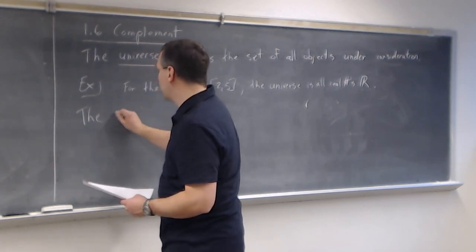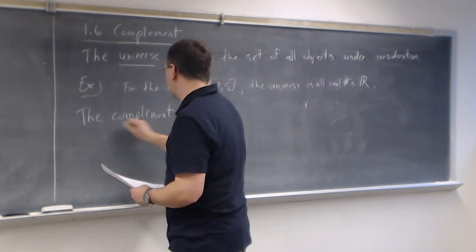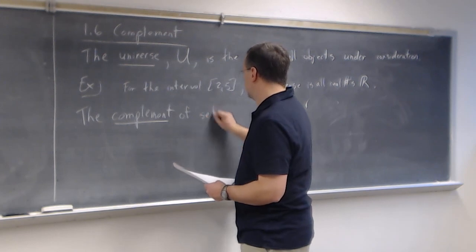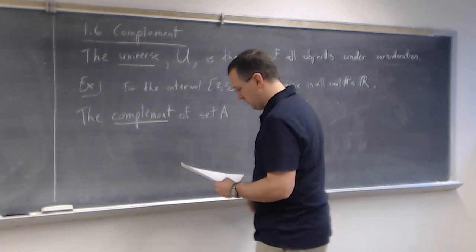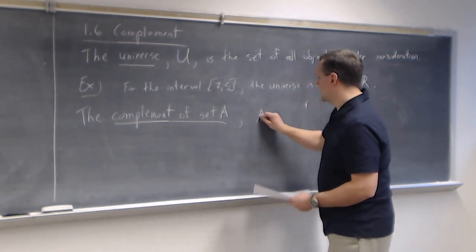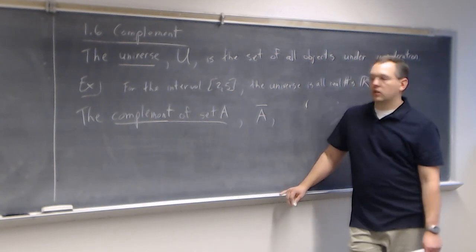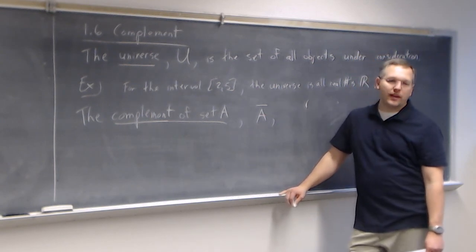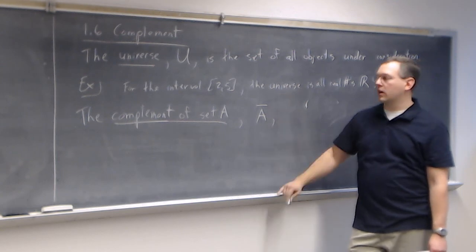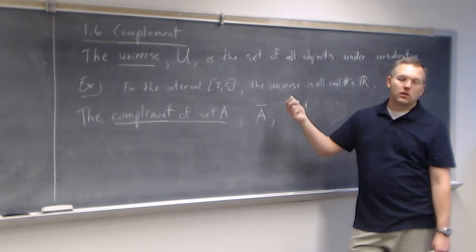All right. So now we can find the complement of set A. And here's the notation. It's an A with a bar on top. So you can call it the complement of A. Some books will put a C as an exponent, for complement, but this is pretty standard.